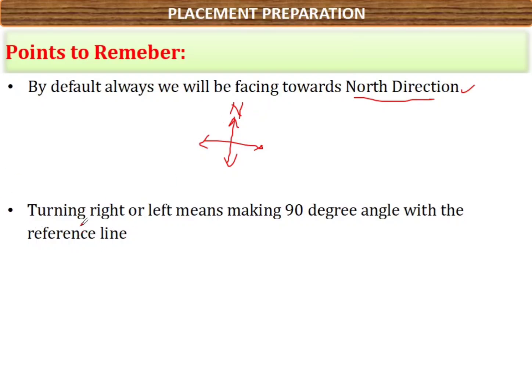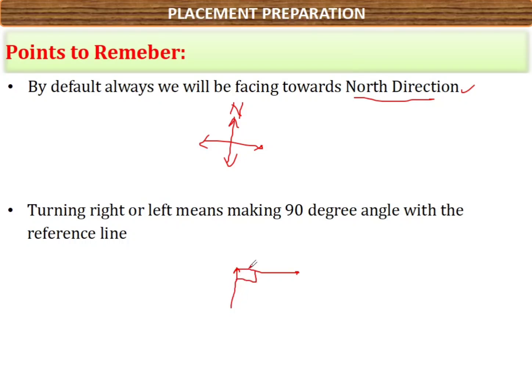Next point is, turning right or left means making a 90-degree angle with the reference line. Assume you are facing towards north now. You will turn towards your right, which means you cannot turn however much you want. You have to turn exactly 90 degrees with this line.